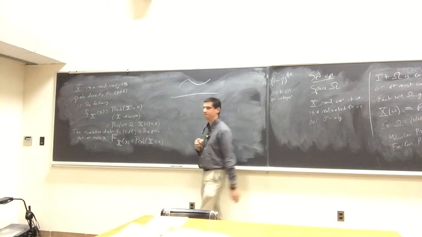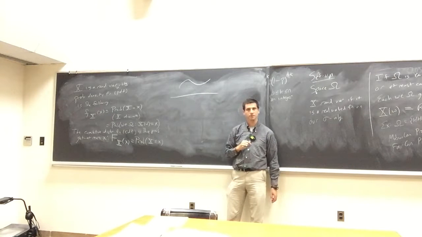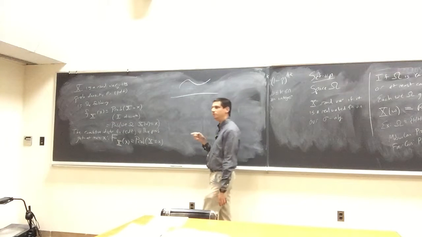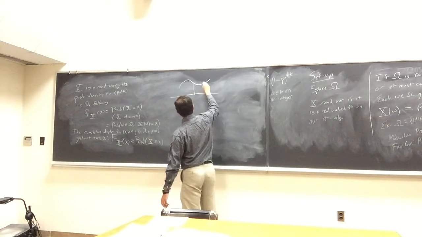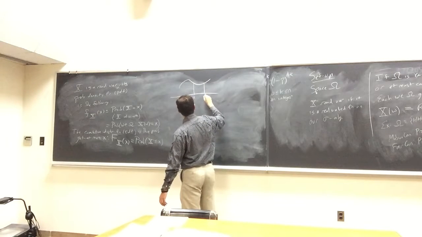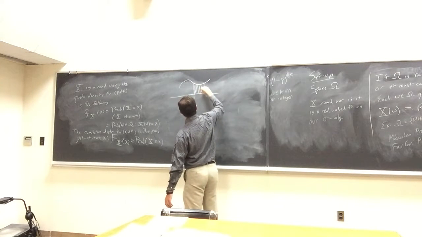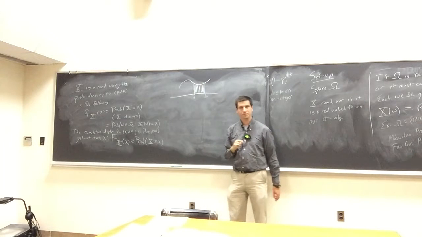So let's say I have some function like this. The probability of an event, the probability X takes on a value between a and b, is the area under the curve from a to b.